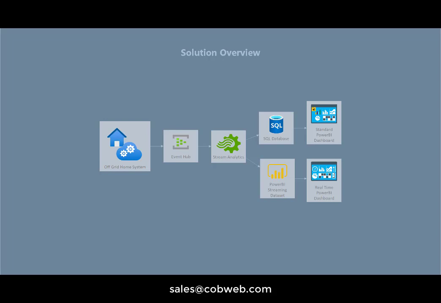The first part being a standard Power BI data set and dashboard from a SQL database that would allow us to historically analyze how well the system was performing and other statistics. The second part, and the more important part to the customer, was the real-time data set, which was taken straight from Stream Analytics and plugged directly into Power BI in order to give us a real-time Power BI dashboard. And we will now demonstrate both parts of the solution to you.